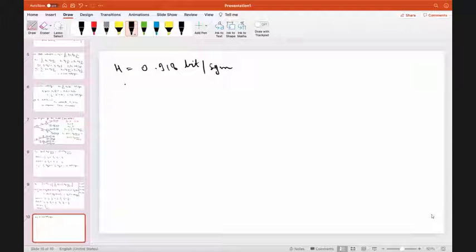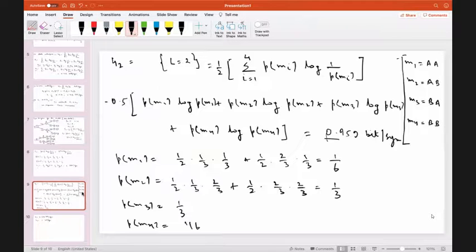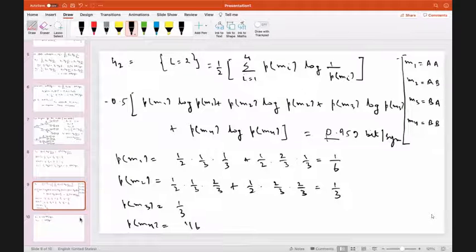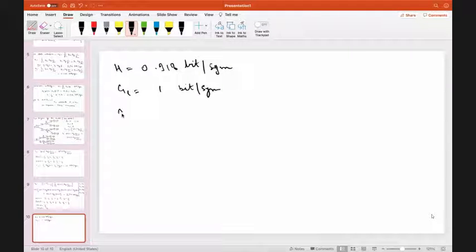Then your G1 was, I think, 1 bit per symbol. Just let me check. Yeah, it was 1 bit. And this is 0.959.